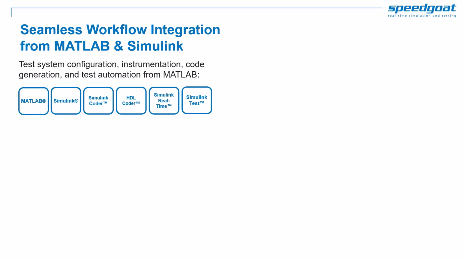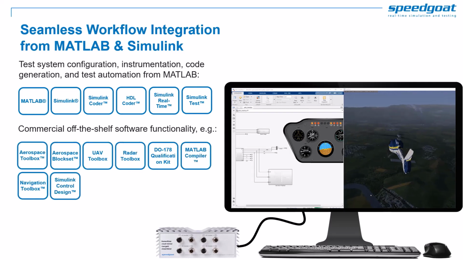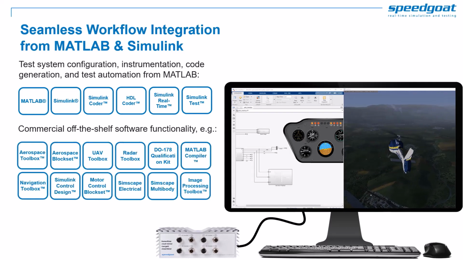Besides those powerful all-round tools, specific commercial off-the-shelf software functionalities are available, such as the Aerospace Toolbox and the Aerospace Blockset. Further, commercial off-the-shelf software functionalities, such as the UAV or radar toolbox, are available. Leveraging this versatile variety of functionalities ensures to provide all the tools required for your specific project and needs.